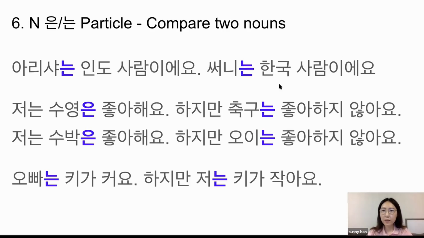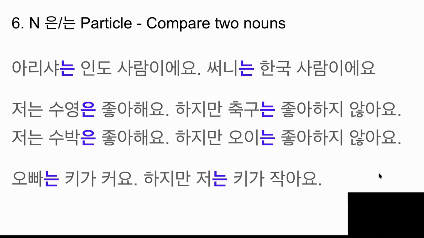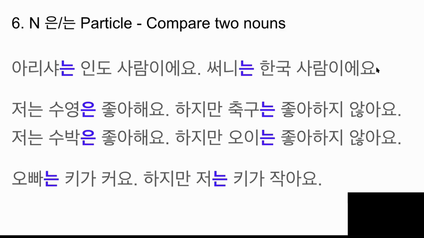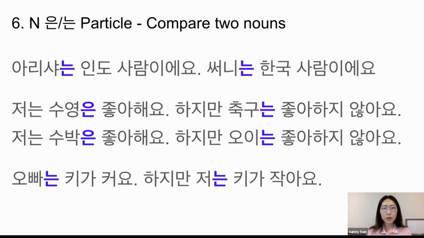Sunny is someone's name. 한국, Korea, person. 아리샤는 인도 사람이에요. Good. 그리고 써니는 한국 사람이에요. Yes. So 은는 is for comparing two things, right?